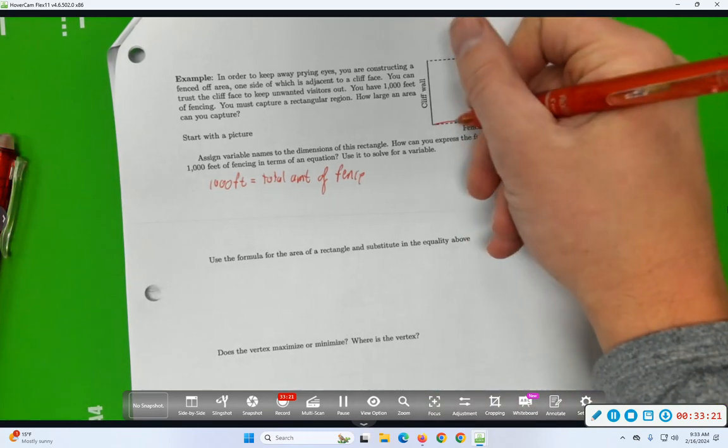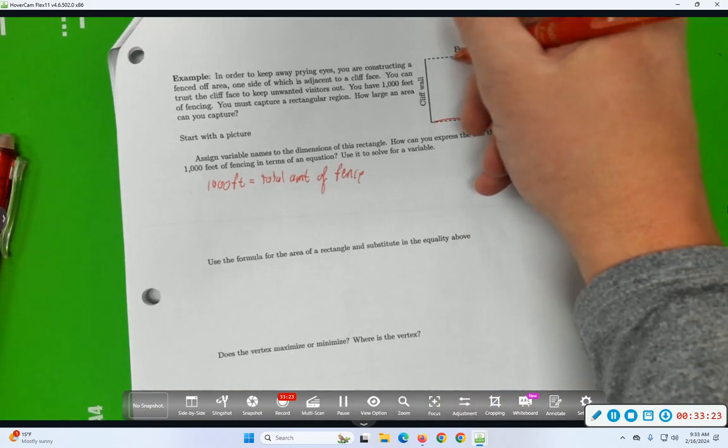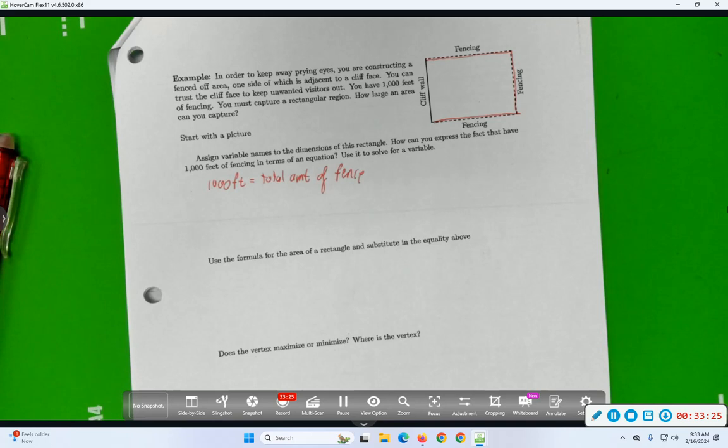Well, it looks like in this diagram, there are only 3 sides you need to fence. The other side is the cliff wall. So I think maybe assign variable names to those sides. Then we'll write down an equation. I think the top side and bottom side are equal because it's a rectangle.